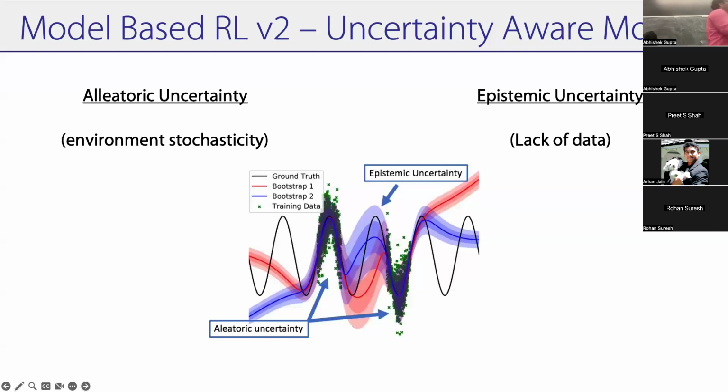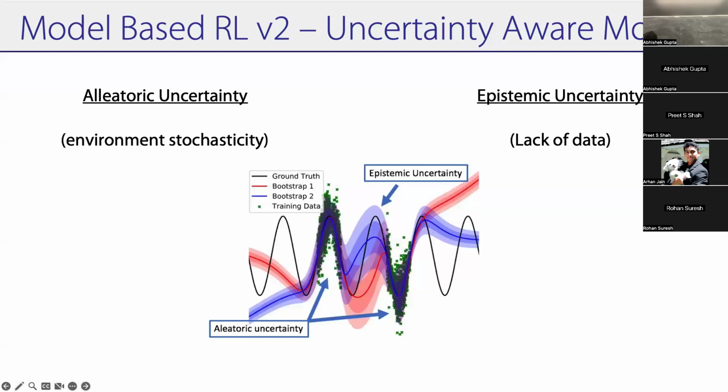Aleatoric uncertainty is easy to capture. You just need a more powerful generative model than a Gaussian, like a diffusion model or an energy-based model or some other powerful generative model. It's easier to capture because it's just a multimodal distribution. It's saying that S and A can go to S prime or it can go to S prime prime, right?